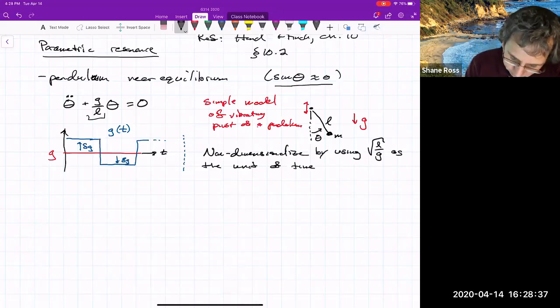In fact, instead of writing this as theta double dot, I'm going to write this as the second derivative of theta with respect to time, theta big double dot. So this is the dimensional time derivative.